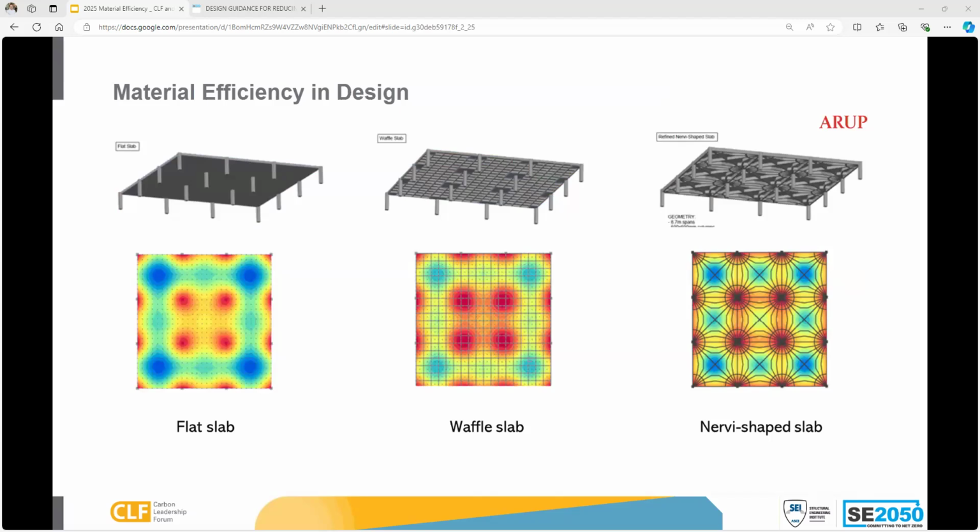And what would this actually look like? What would pushing towards more efficient use of materials look like? Just wanted to give a couple of ideas here. This is a study that Arup did, comparing a flat slab, which is one of the most popular concrete systems, and then pushing towards the most efficient kinds of slabs we've seen, where you're just having material where the highest load is, and following the load path, just putting material where the stress is.